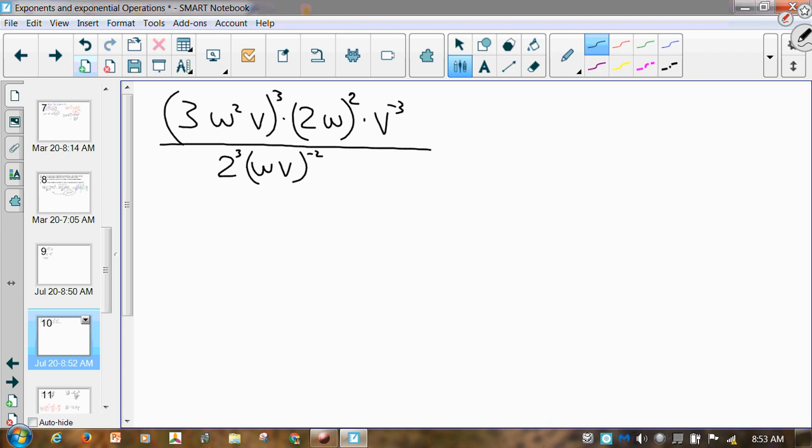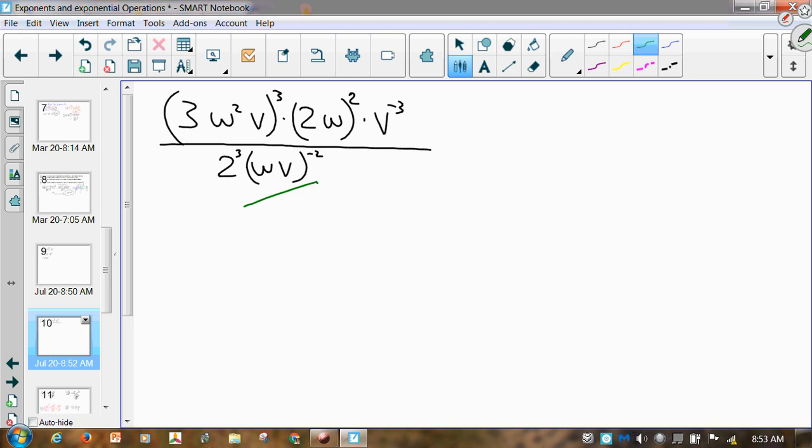We're going to have some reciprocal rules, we're going to add, subtraction rules, and all that good stuff. But again, in a case like wv to the minus 2, let's talk about this for just a second before we start. When we have something like wv all to the minus 2, we can carry that out as w to the minus 2, v to the minus 2, line up our variables and everything.